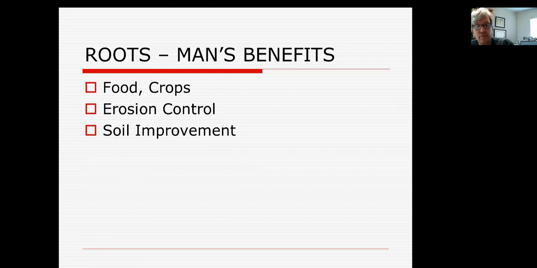They also improve the soil, believe it or not. We don't always think about that. We talk about improving the soil before we plant a plant, but as roots are moving through that soil and growing, as some of them die off, they create air spaces in between as well. So roots, as they're moving through, are breaking up the minerals and allowing water to move in around the edge of those roots.